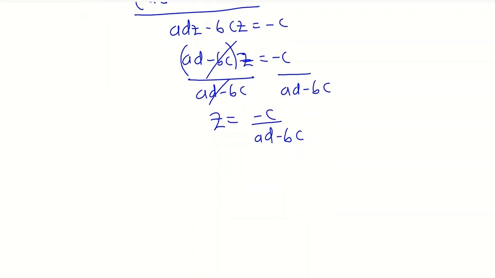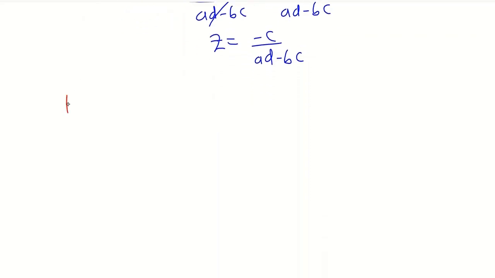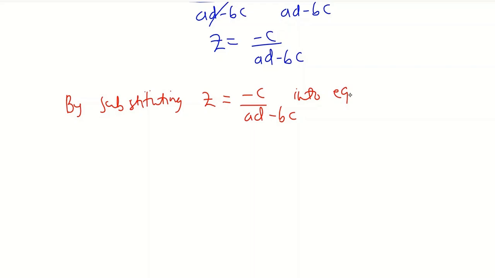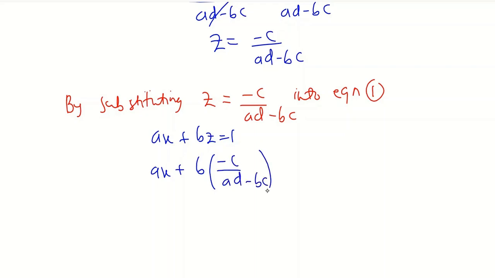By substituting Z equals minus C over AD minus BC into equation 1, and we know equation 1 to be AX plus BZ is equal to 1, we have AX plus B times minus C over AD minus BC is equal to 1.